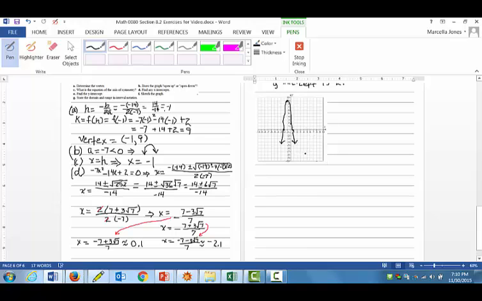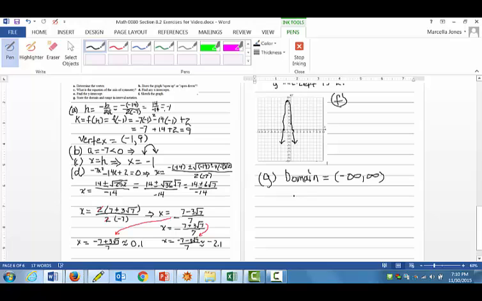And let's give the domain and the range. So that's F, the graph. And then G, I want the domain and range. Now the domain for all quadratic functions is all of the real numbers. So the set of all real numbers is the domain.